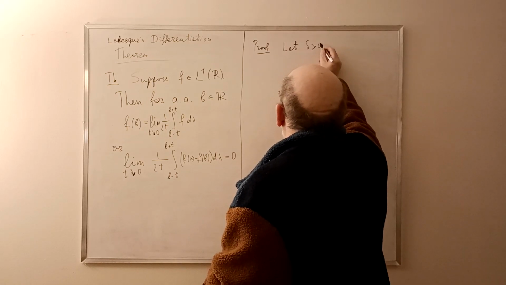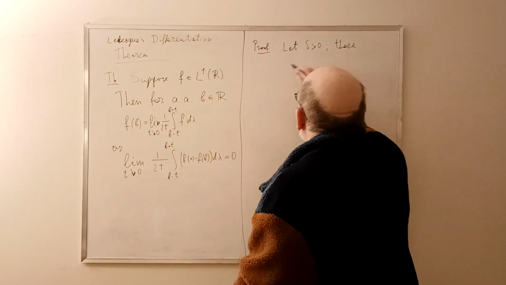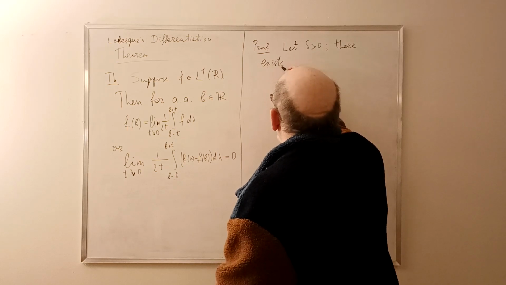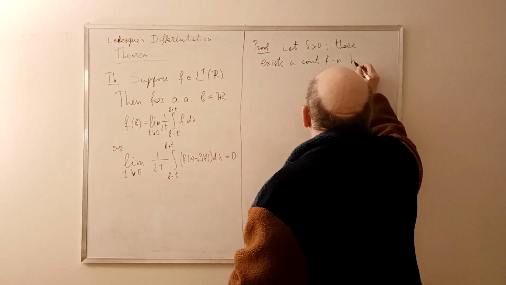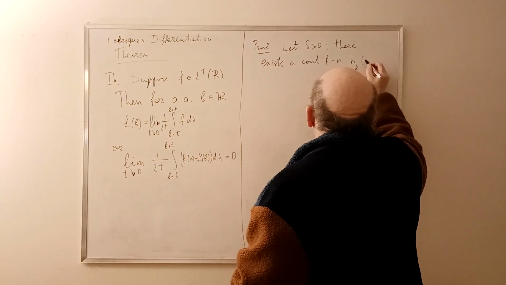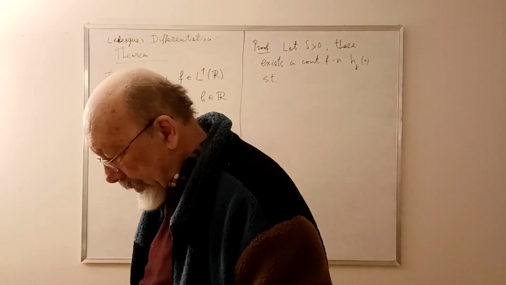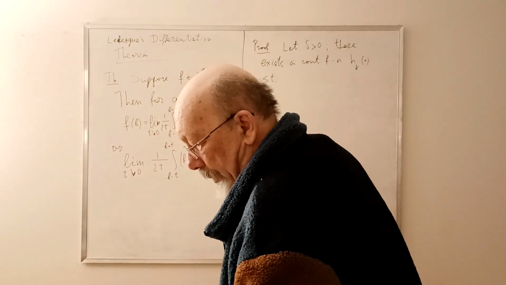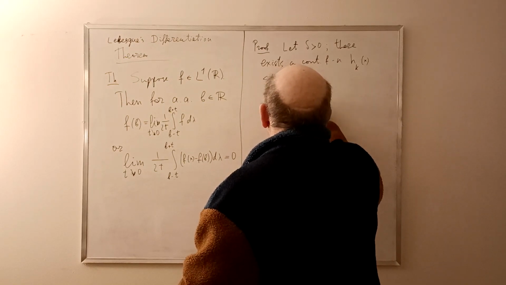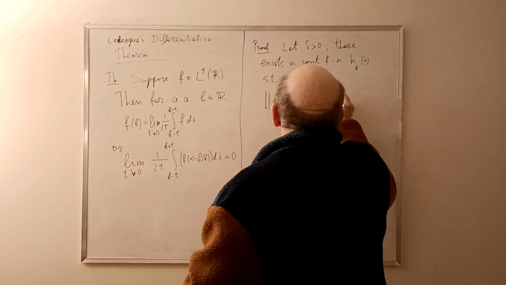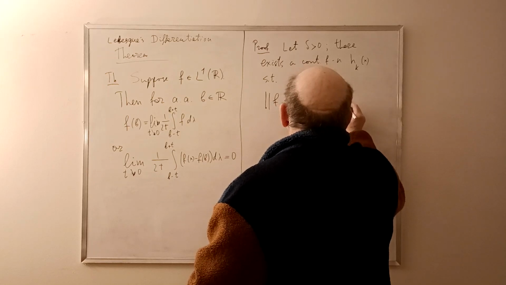Let delta be positive. There exists a continuous function, say h k of x, such that the norm of f minus hk in L1 is less than delta divided by k times 2 to the power k.